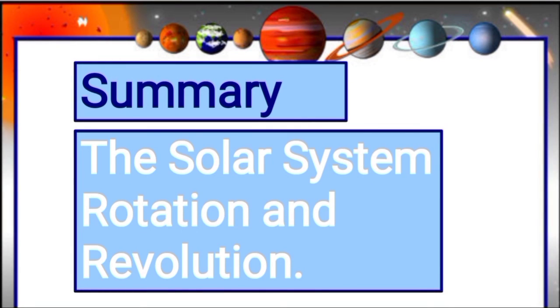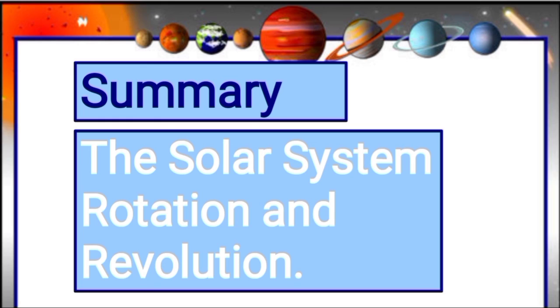So today we have learned that the sun, the 8 planets, along with their moons and the dwarf planets form the solar system. The planets and dwarf planets circle around the sun in fixed paths which are called orbits, and the moon is the only natural satellite of earth.